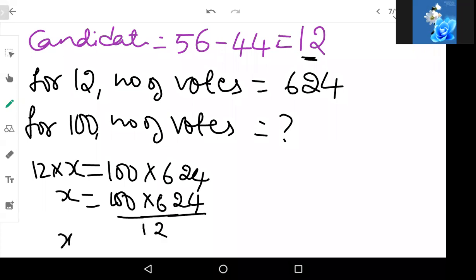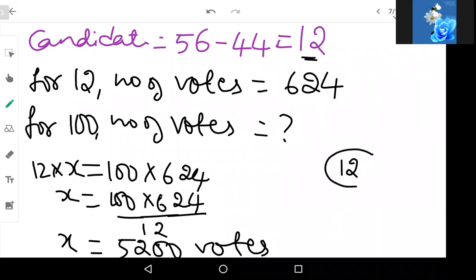So what will be x? X will be 5200 votes. So out of 5200 votes, if 56% of 5200 votes is received, they will become a winning candidate. Now, what they are trying to say is the 12 people in between will also be added to the winning category.